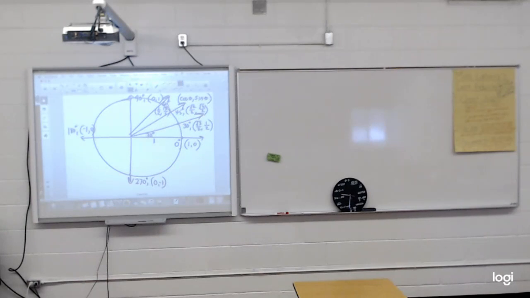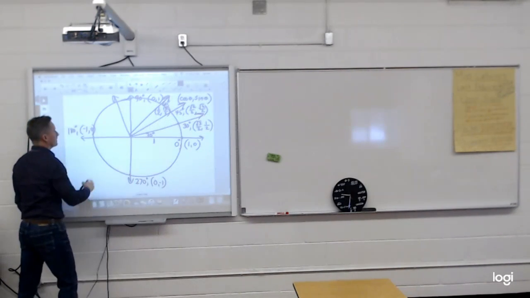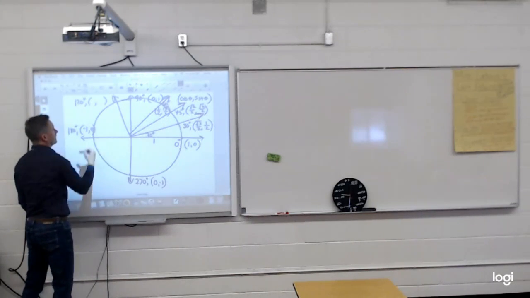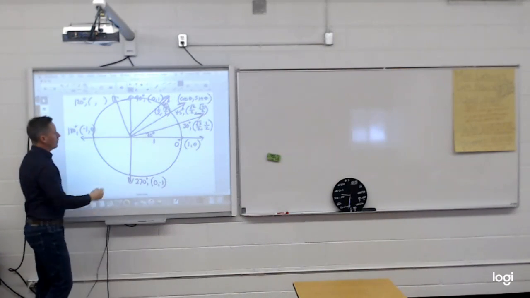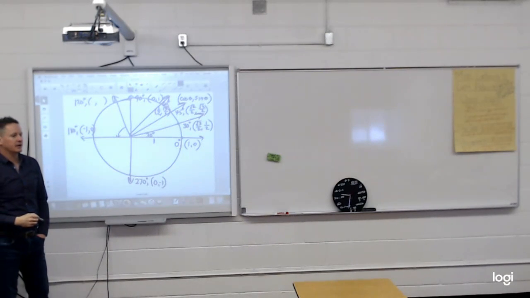So now I have to go all the way around this circle doing the same thing. Now I'm just going to show you the 120, and then I'm going to stop for today. 120 degrees. What's the reference angle here for 120 degrees? 60 degrees.